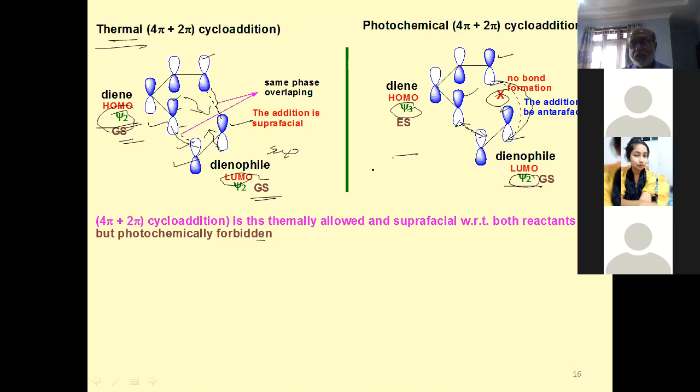So photochemical 4 plus 2 cycloaddition will be possible only supra-antara. But again, it becomes geometrically forbidden. So virtually, we don't have any 4 plus 2 photochemical cycloaddition reactions. All right?